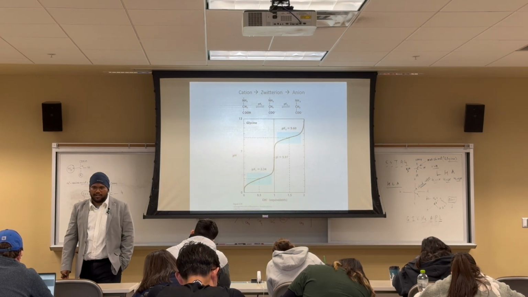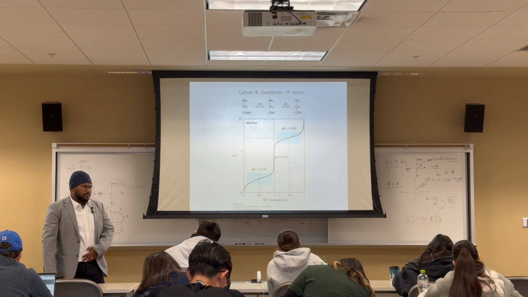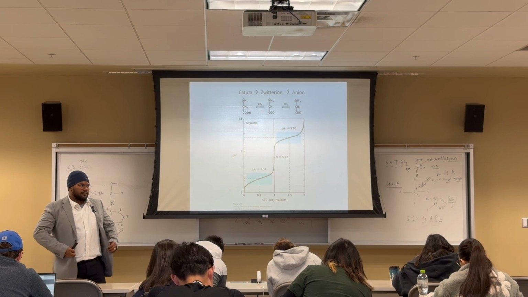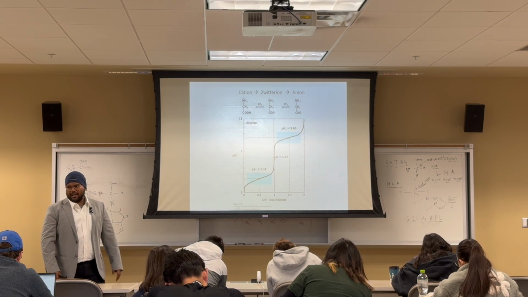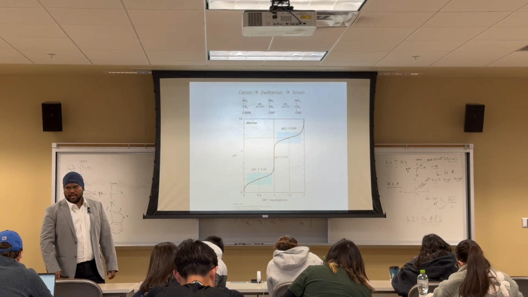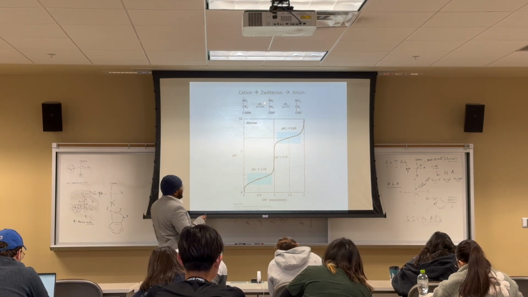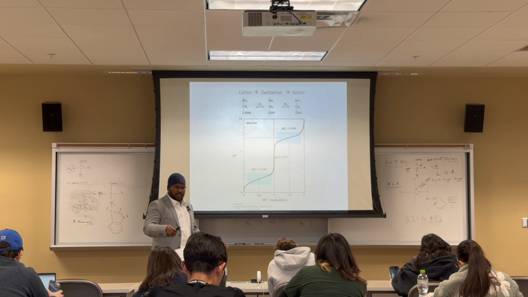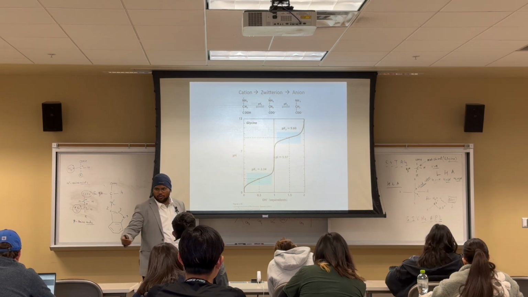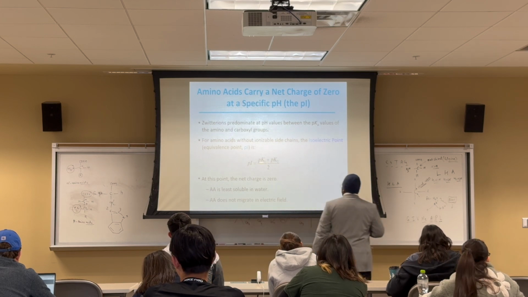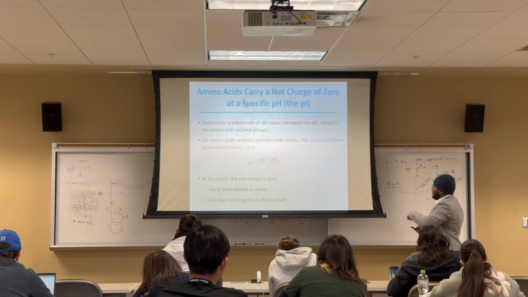Tell me what is PI? 6.01. How? Add and divide by 2. Make an average. Can you do that? Depending upon the R group it varies. That will take a whole class, that's why I'm not opening that. So that's it: pK1 plus pK2 divided by 2.